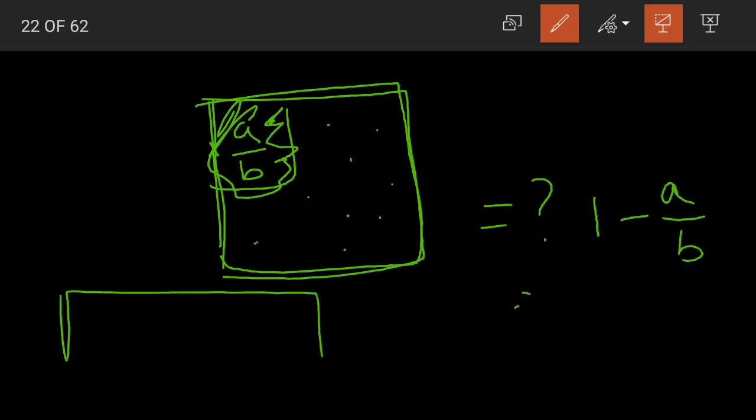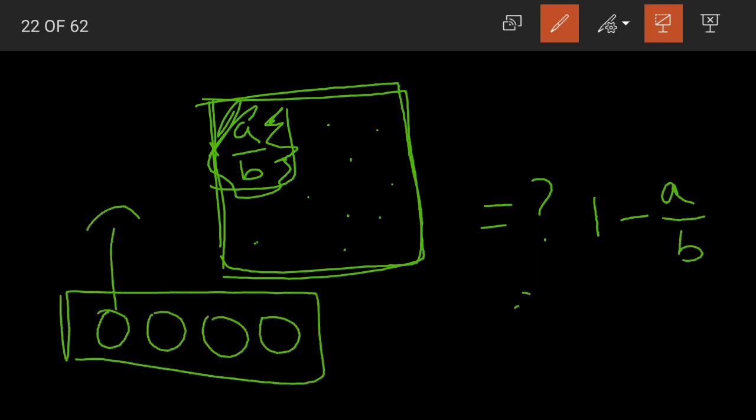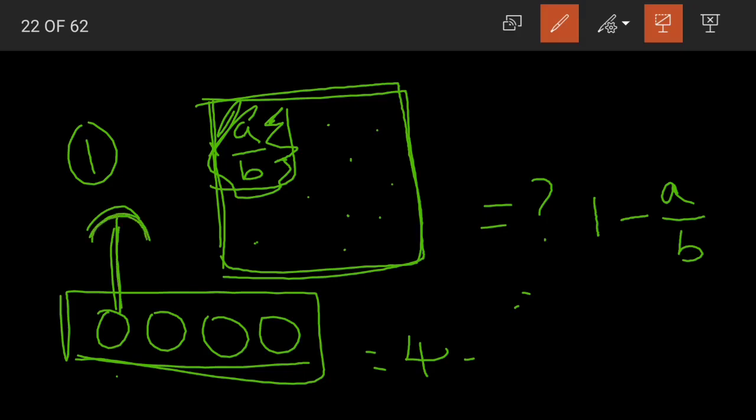Suppose there are 4 balls out of which one ball was taken away, and you want to know how many balls are remaining. You will take the total number of balls, 4, minus the number of balls that have been taken away, that is 1. Here we are having a single wall, children.